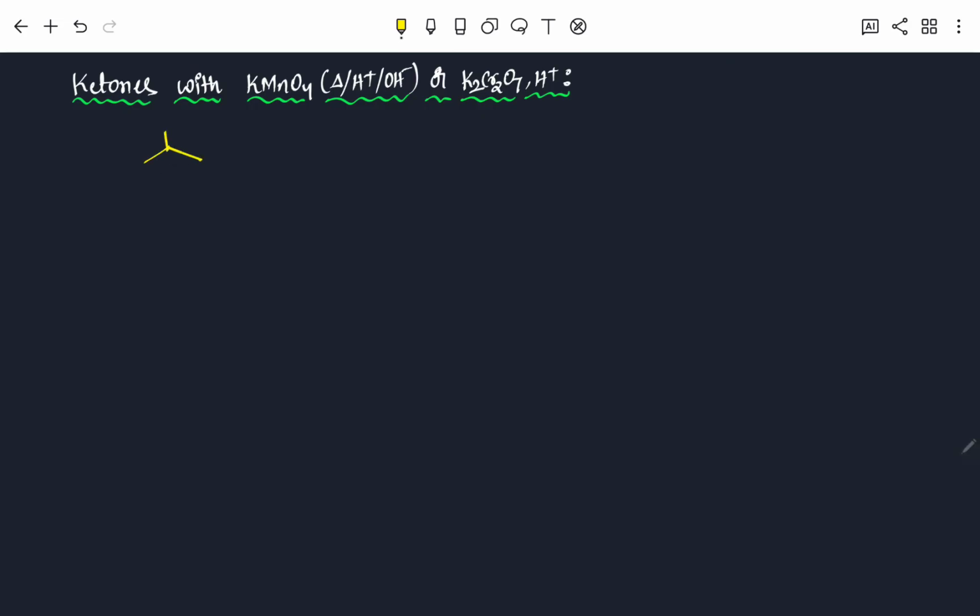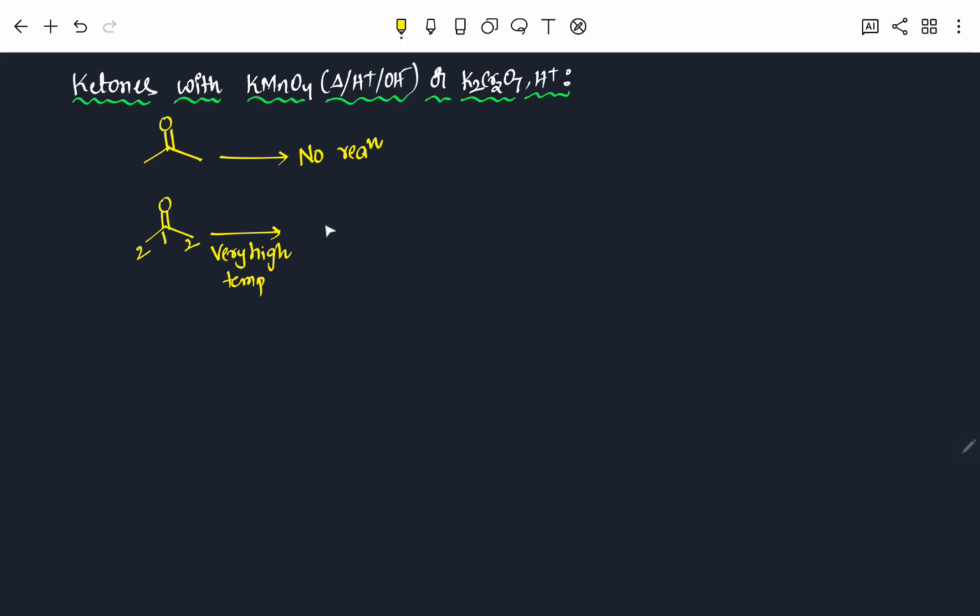When we take the ketone with KMnO4 or K2Cr2O7, generally no reaction. But when we use drastic conditions, that means very high temperature with these reagents, they undergo oxidation by breaking the bond next to the CO carbon. So for simplicity, for better understanding, I am writing 1,2 and 1,2.